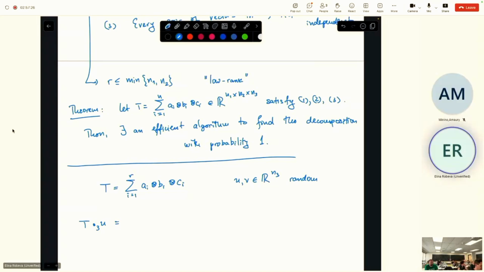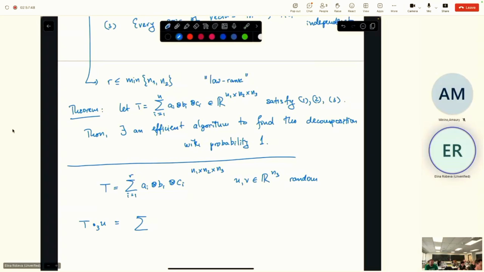And so what does that look like? Well, T is n1 by n2 by n3. So if you're multiplying with a vector of size n3, you're going to get a matrix of size n1 by n2.